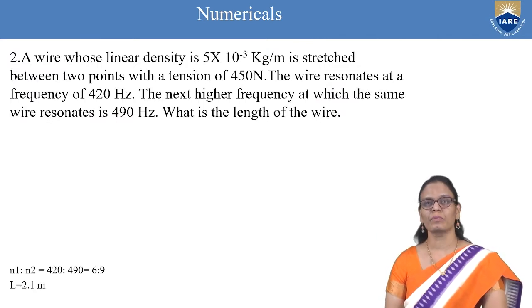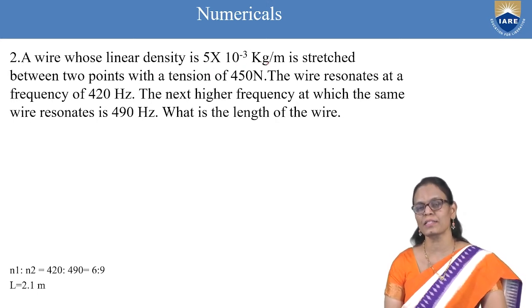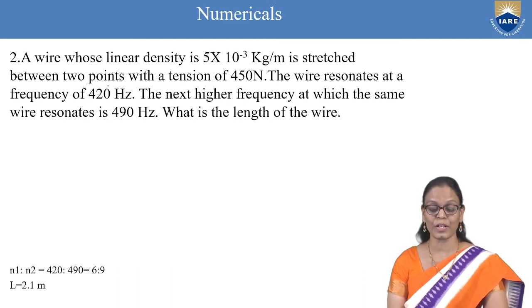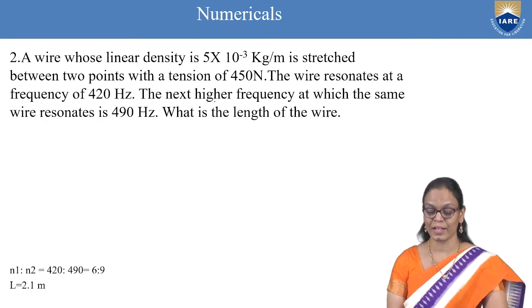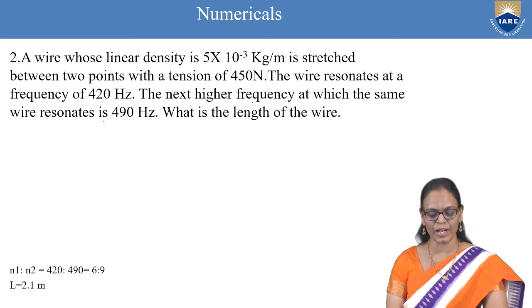Now coming to the second one. A wire whose linear density is 5 into 10 power minus 3 kilogram per meter is stretched between 2 points with a tension of 450 Newton. The wire resonates at a frequency of 420 Hertz, and the next higher frequency at which the same wire resonates is 490 Hertz.